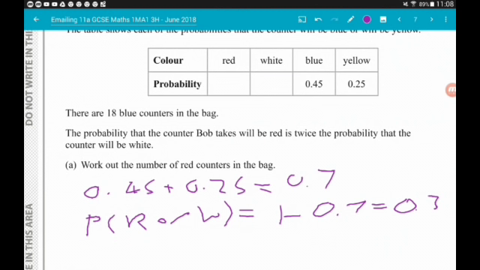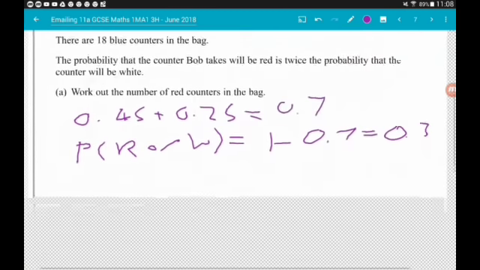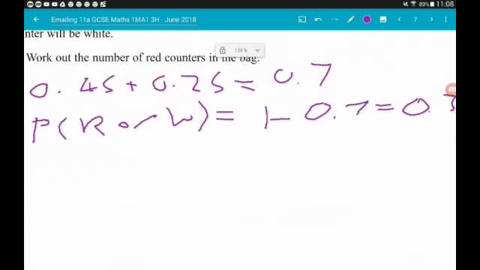Now we know a red is twice as likely as a white. So you might be able to see this simply. For those that can't, what we need to do is split 0.3 in the ratio red to white, 2 to 1.